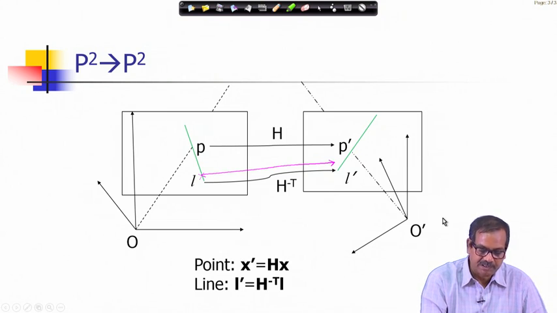So, the relationship can be summarized as follows: for a point x in homogeneous coordinate representation, if I multiply it with the 3 cross 3 transformation matrix H, we get the corresponding transformed point. Similarly, for a line, if we multiply it with H minus T, which is the transpose of the inverse of H, we get the corresponding transformed line.